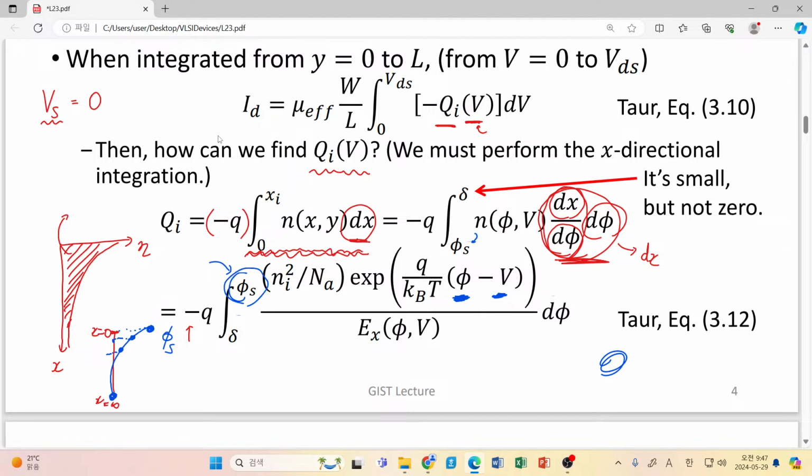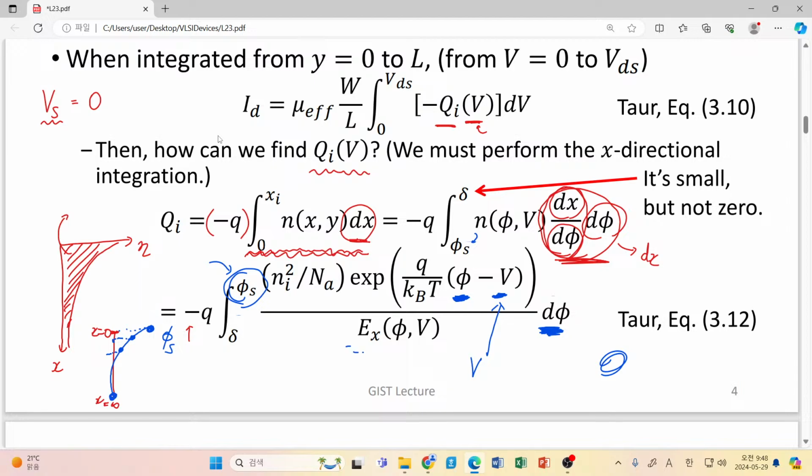And please think about all the other ones. Now we want to make an integration, and this is the integration variable, and also we can treat this v as just a given constant, because we are now performing the vertical integration, and along this vertical position the y, electron quasi-Fermi potential can be regarded as a constant, so there is nothing more.